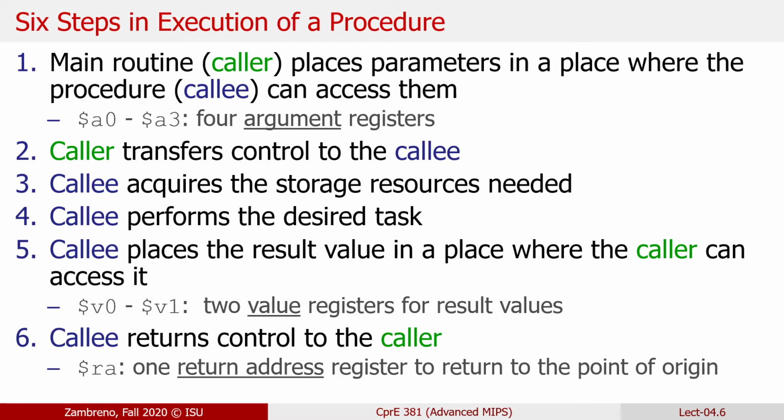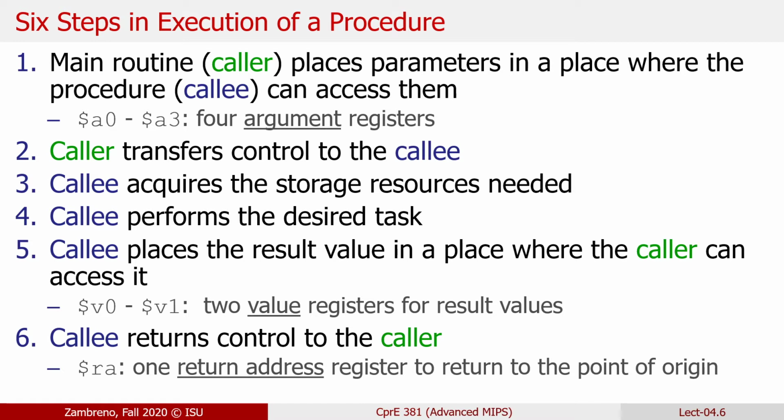The callee has to determine, first off, does it need extra data storage to be able to accomplish whatever code it has? Does it need local data storage? So that's step 3 here. The callee then does whatever it needs to do, the actual logic inside its code. And then if it needs to return values back, there are 2 additional registers dedicated to storing those values, V0 and V1.